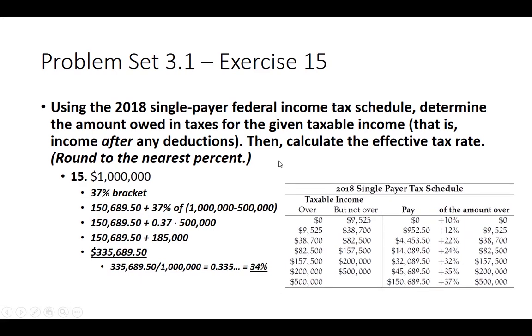Number 15, you are a millionaire. Taxable income of $1 million. Anything over 500,000 puts you in the 37% tax bracket. In that tax bracket, we pay $150,689.50 plus 37% of the amount over 500,000.